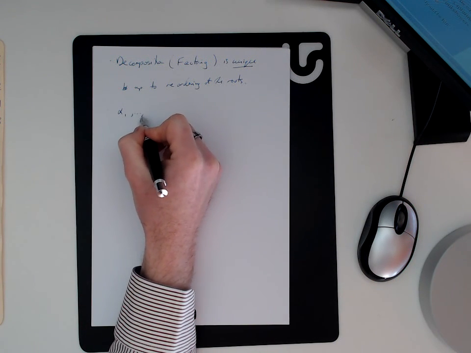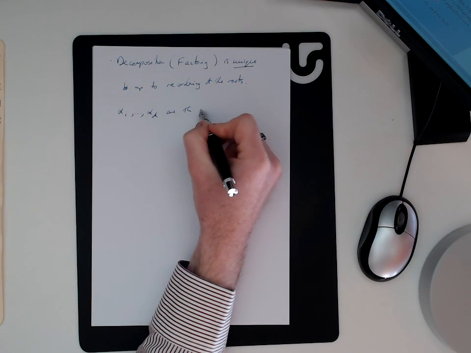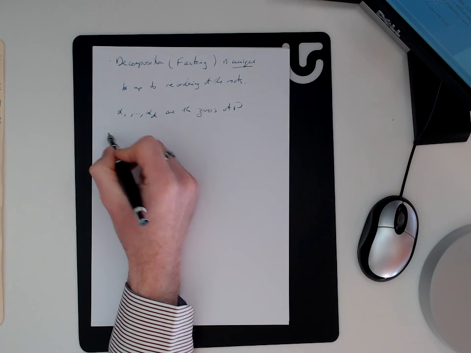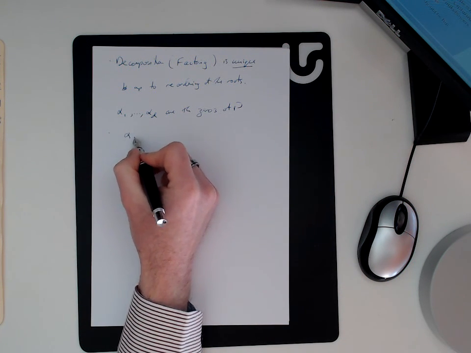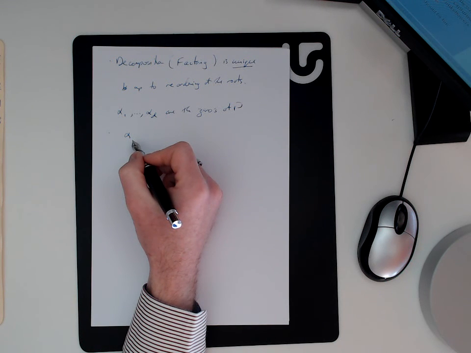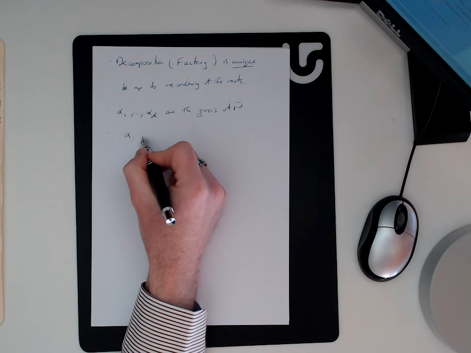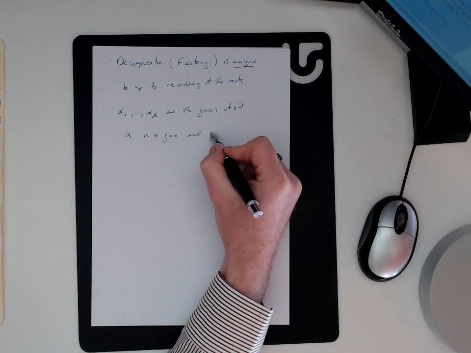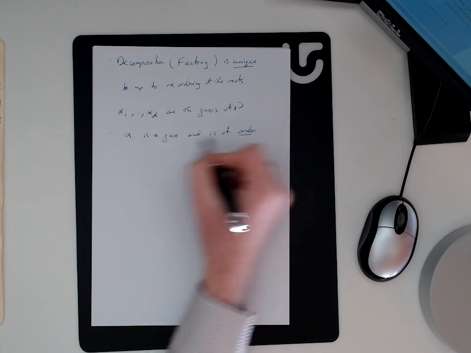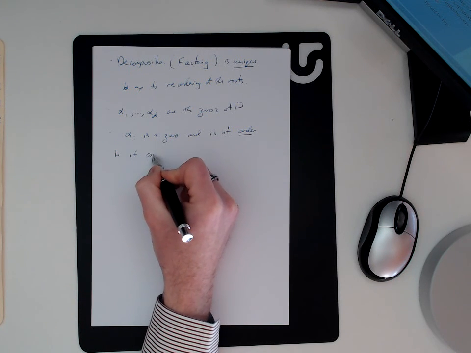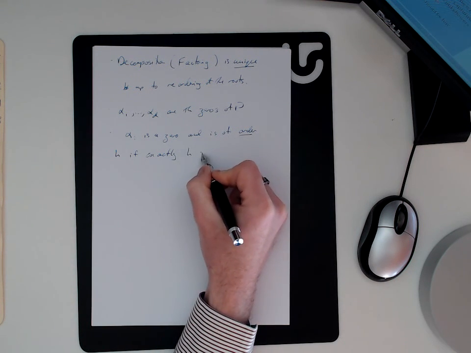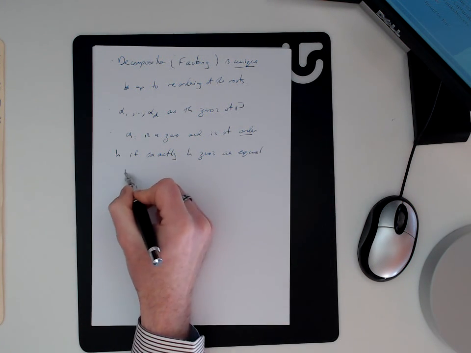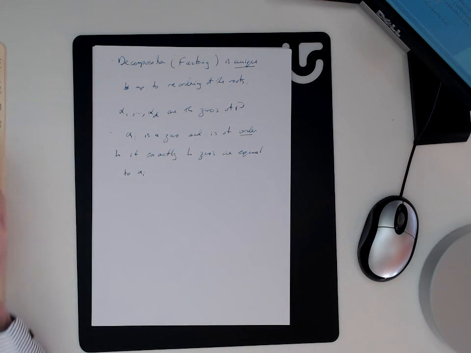alpha_1, ..., alpha_d are the zeros of the polynomial, also sometimes called roots. Alpha_i is a zero of order h if exactly h zeros are equal to alpha_i, sometimes also called the multiplicity.